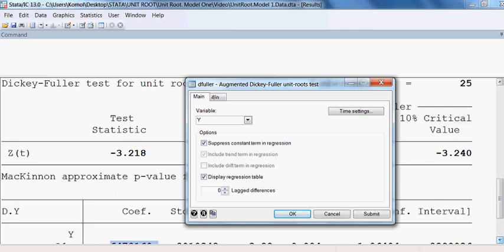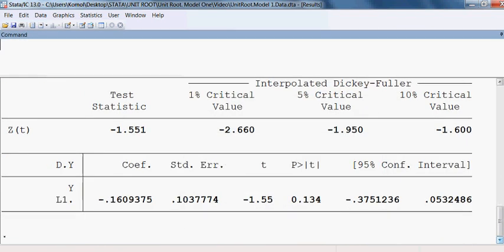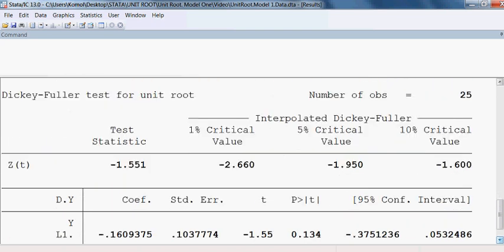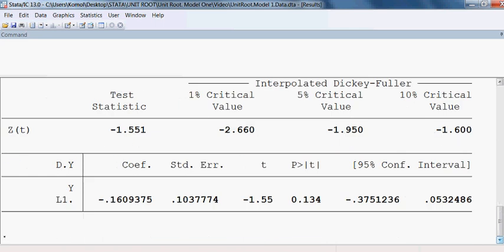So in this model there will be no intercept and no trend, right? And I keep lag value 0. So everything is set. I click on OK. So this is the outcome, the result of the Dickey-Fuller test having no intercept and no trend.